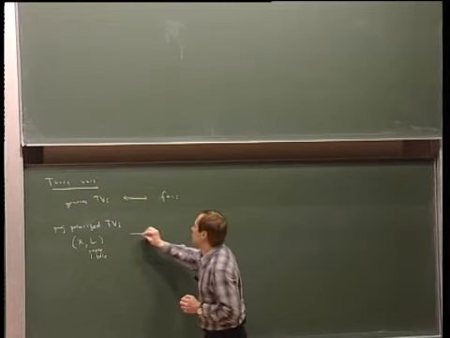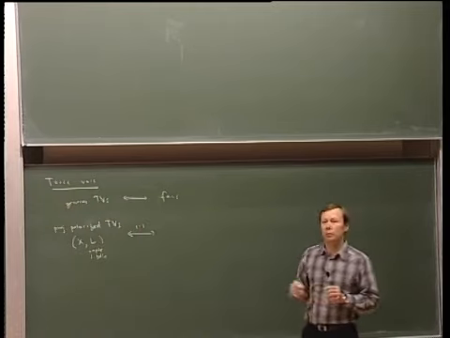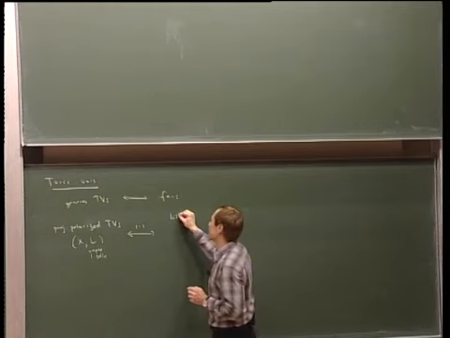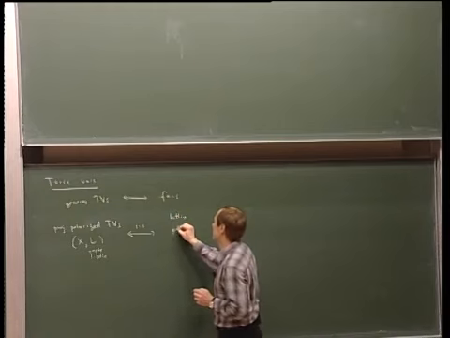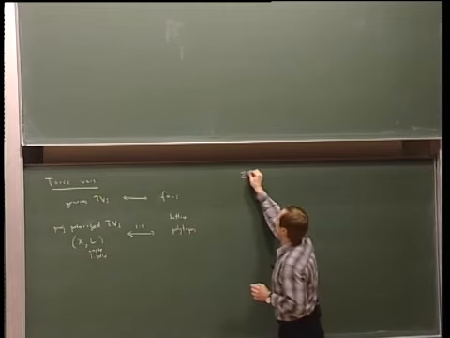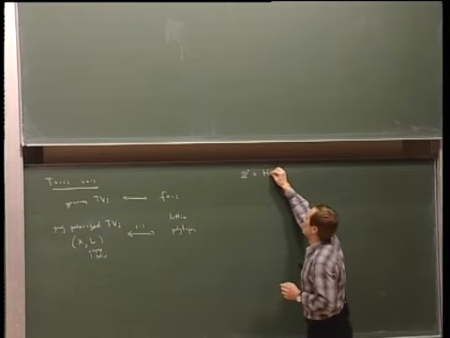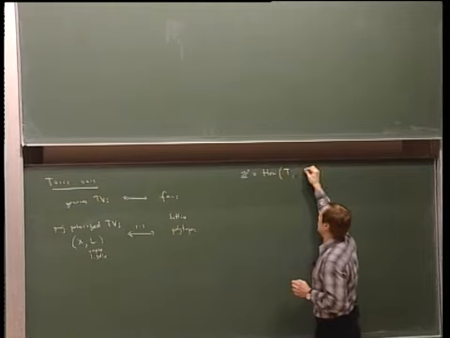And so what toric geometry tells you is that these are in bijection with lattice polytopes. First of all, there is a lattice. This is the character group of your torus.